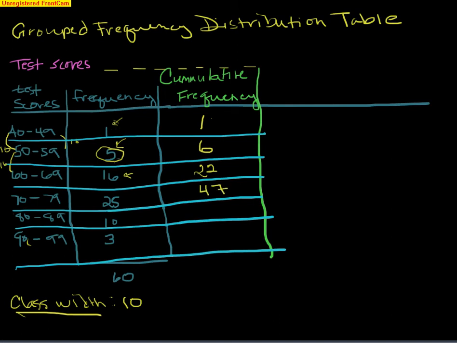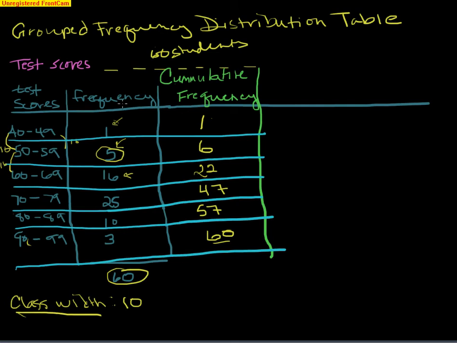You're not expected to do this in your head. There are 57 students who got below an 89, and 57 plus this final 3 will be 60. Now notice that this number is the same as the total number of students, because way back up here there were 60 test scores. So all 60 students were below a 99.